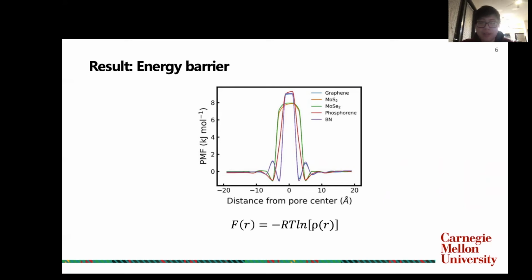The PMF is calculated in an equilibrium simulation with no external pressure applied. The peak PMF of MoS2 and MoSe2 is lower than that of graphene, boron nitride, and phosphorene, which indicates that the energy barriers of MoS2 and MoSe2 are less for water molecules, thus facilitating permeation and transport of water.